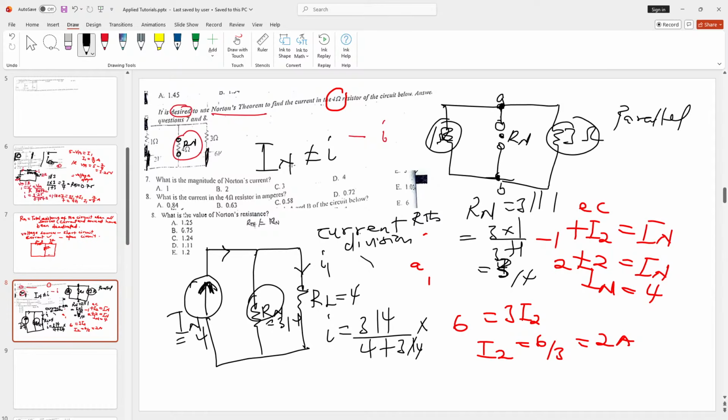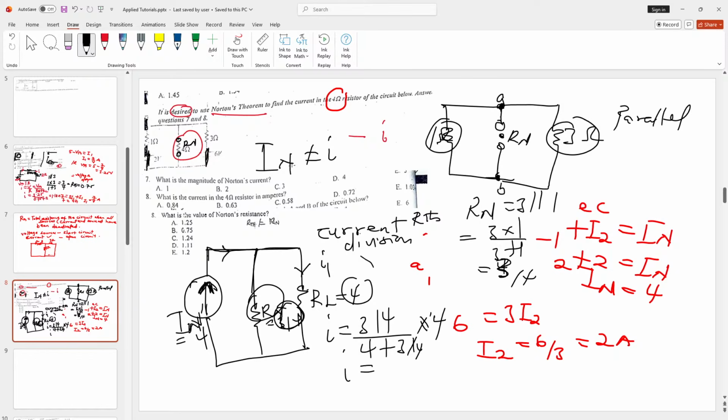And what is IN? 4. Now IN is the current being supplied, so it's the same IN that will come and split between the two.